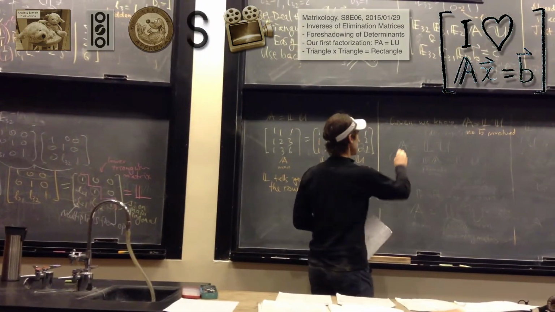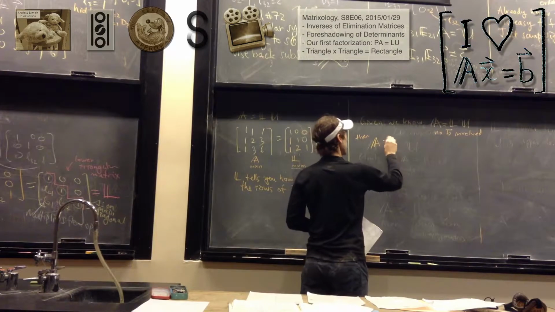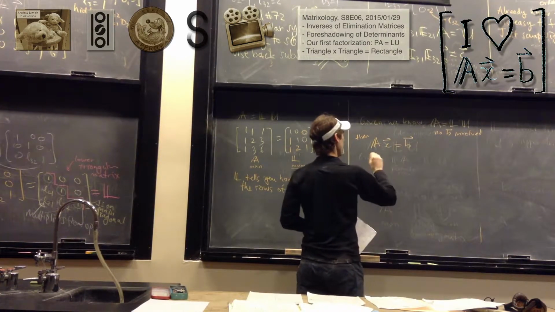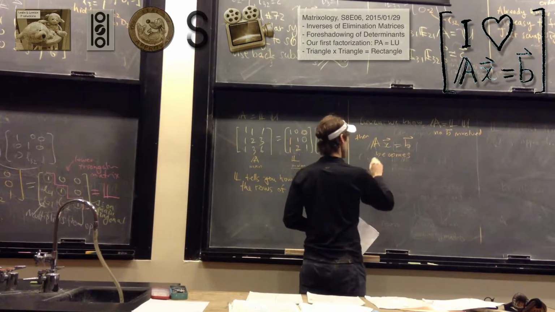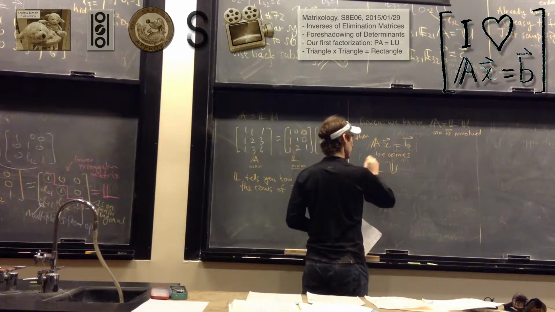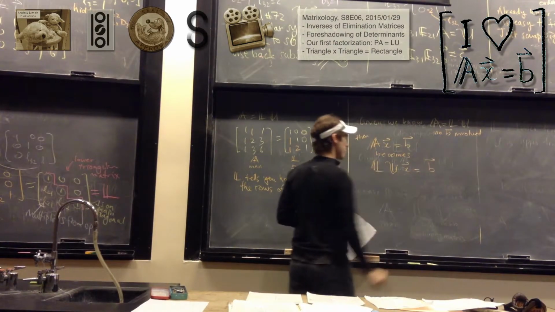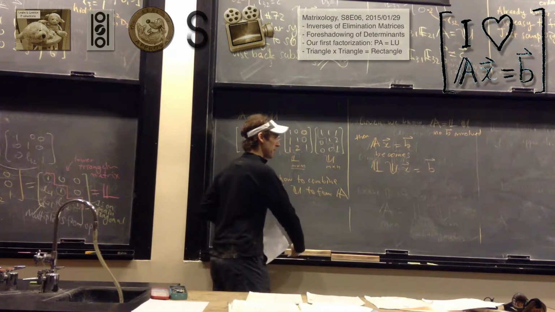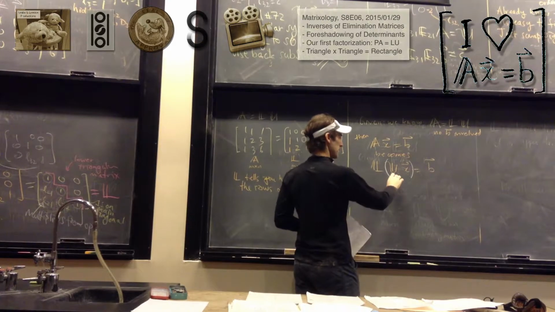So given we know this, AX equals B becomes LU, replacing A, times X equals B. If we want, we can call part of this a vector.